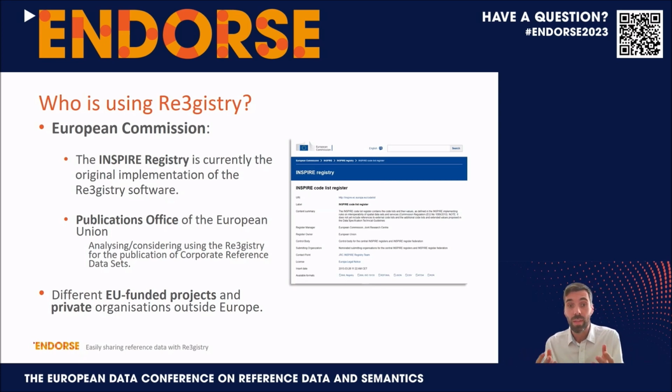For example, the code list of that thing in particular that those metadata are referring to. We are also aware that the Publications Office is evaluating the possibility to use Re3gistry for the publication of a corporate reference dataset.